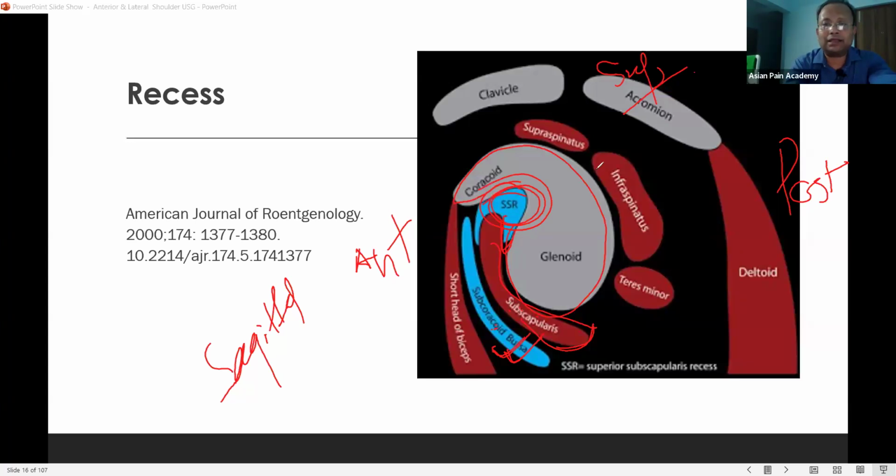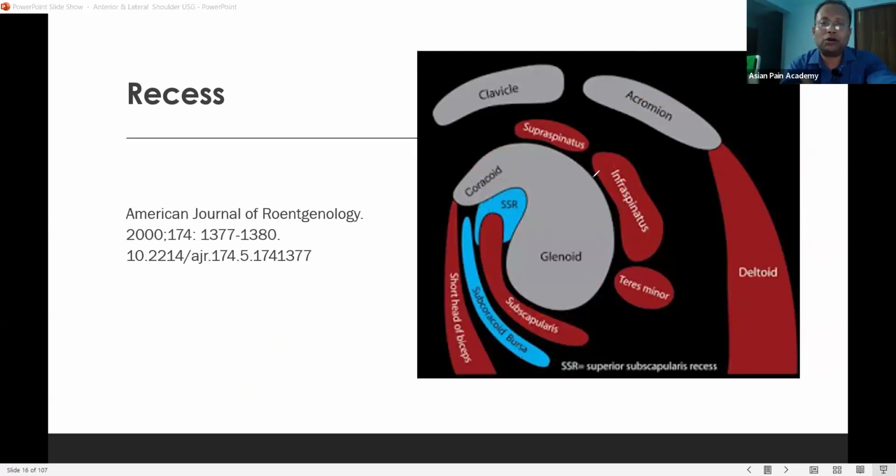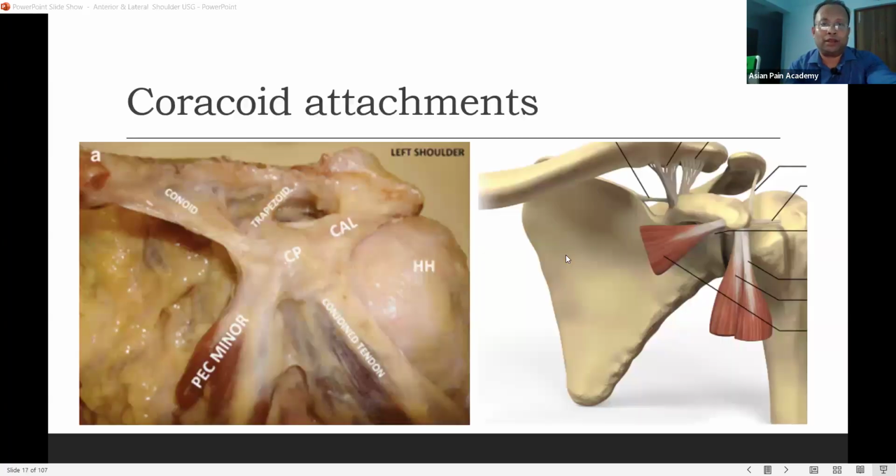And these recesses can sometimes be found here also under the infraspinatus. So remember, one is recess, one is bursa. Recess is below subscapularis, just above the joint, and it is continuous with the joint, and above subscapularis it is the subcoracoid bursa, which is not continuous with the joint.